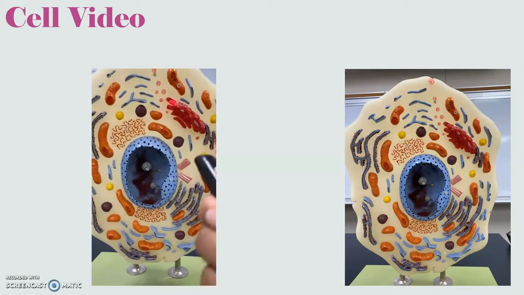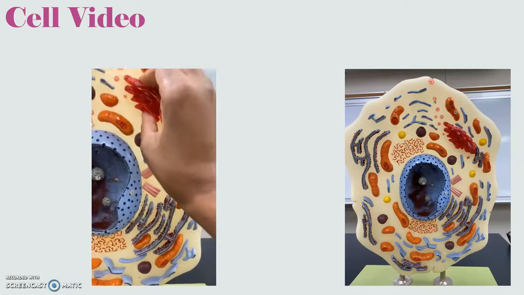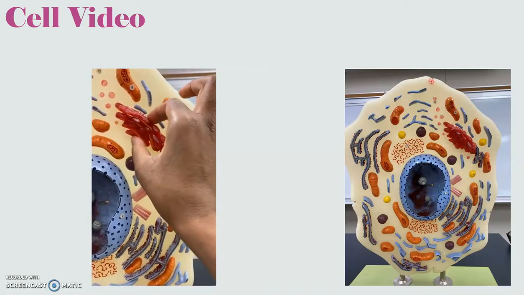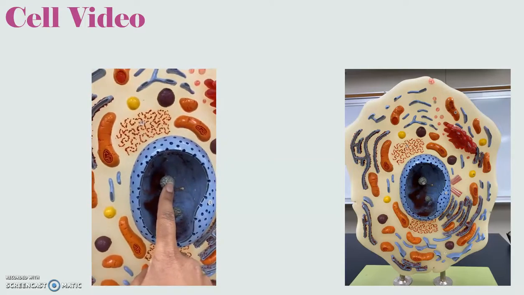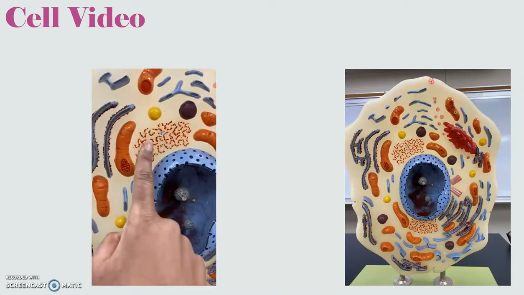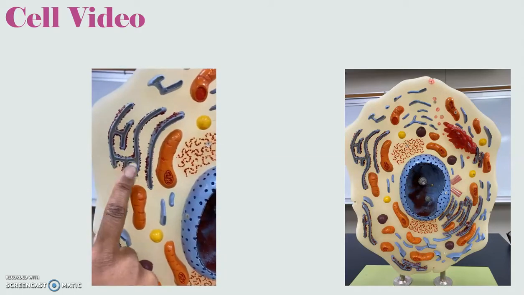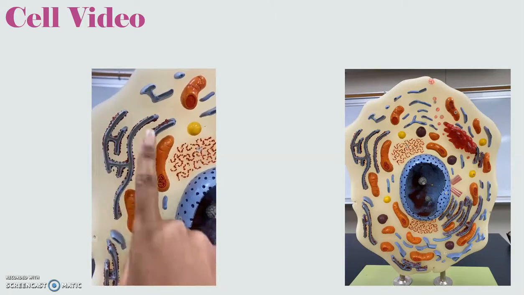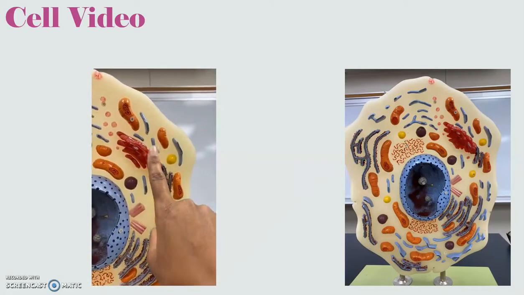Then we have this big red structure here, okay? And this is called the Golgi apparatus, okay? So the nucleolus that's inside the nucleus produces ribosomes. These ribosomes produce proteins, okay? The rough endoplasmic reticulum modifies and sorts those proteins and then sends those proteins to the Golgi apparatus.